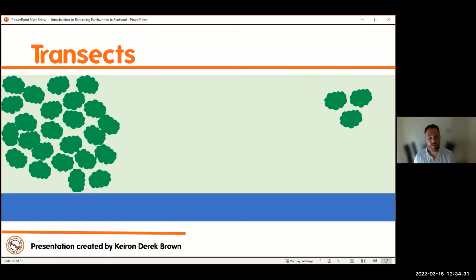So here we've got a very basic habitat. We've got a woodland, we've got a couple of trees, and we've got a river. First transect I would possibly do is in the woodland, and I'd dig 5 soil pits. I'd space them about 5 to 10 meters apart in that formation, and that would give me an okay representation of the type of earthworms that we've got living in the soil in the woodland.